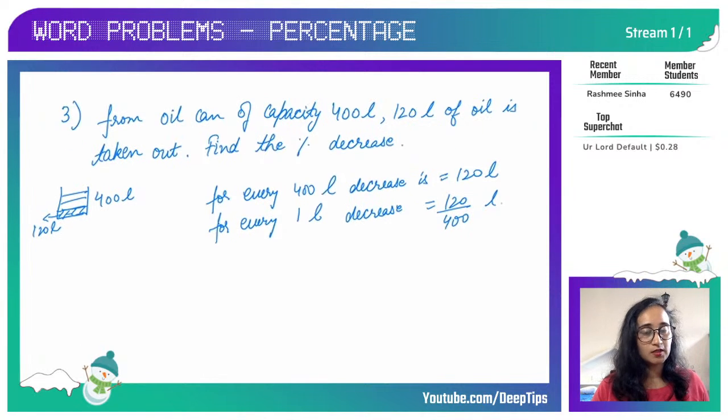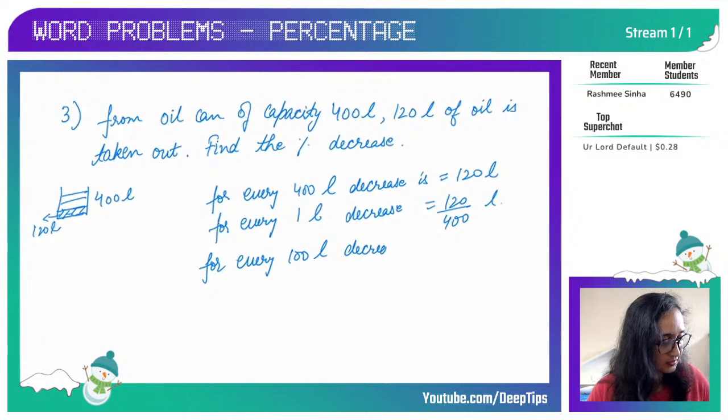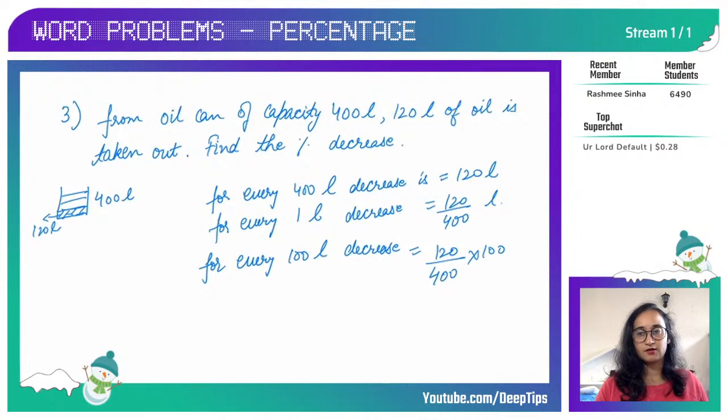Now what is the percentage? Percentage is for every 100. So for every 100 liters of oil, decrease will be 120 upon 400 into 100.